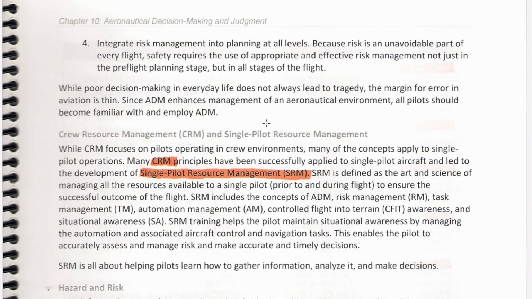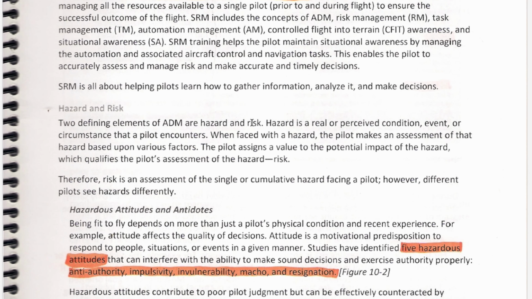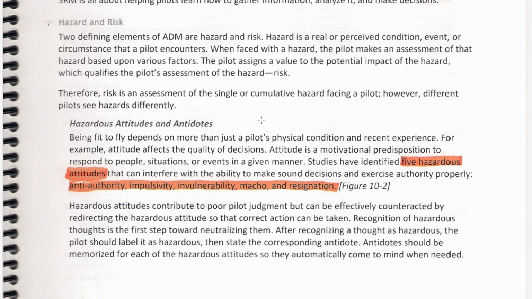There were 4 or 5 questions on ADM, so you need to know this. Risk management, and there's 5 hazardous attitudes: anti-authority, impulsiveness, invulnerability, macho, and resignation.